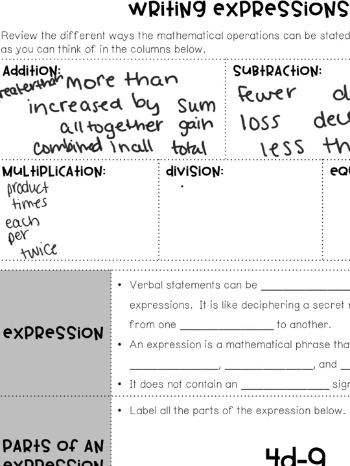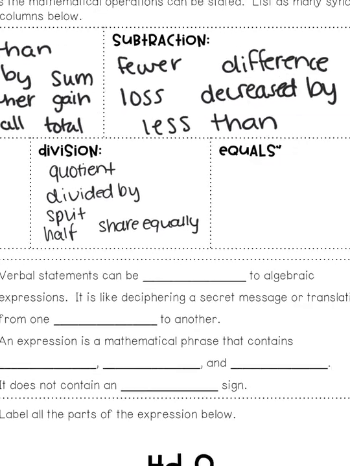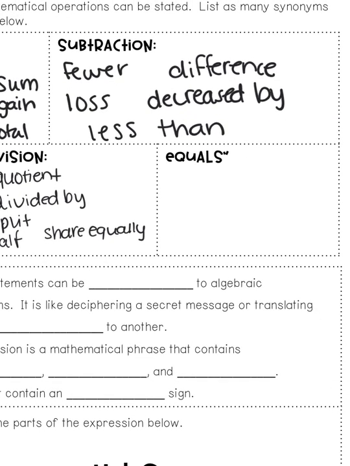Division, there's quotient, divided by, split, half, share equally. And then equals, so you have to put words for that part of the equation as well. You have is or same.